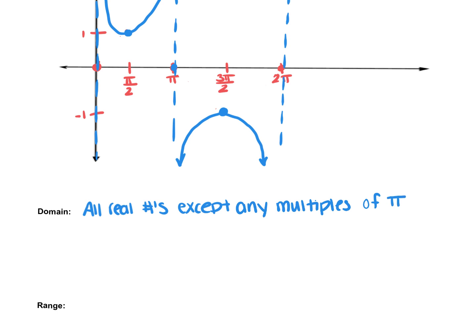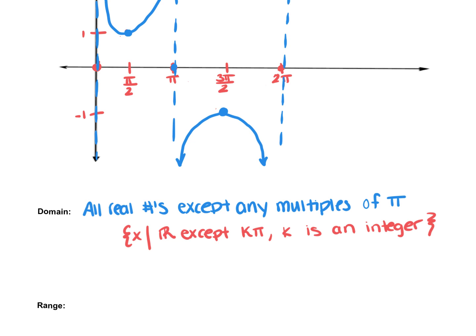And the real symbolic way to write this, you could say the domain is the set of all x values such that we have all real numbers except any multiples of pi would be k pi, where k is an integer. That is the fancy way to write down what we said here in blue.